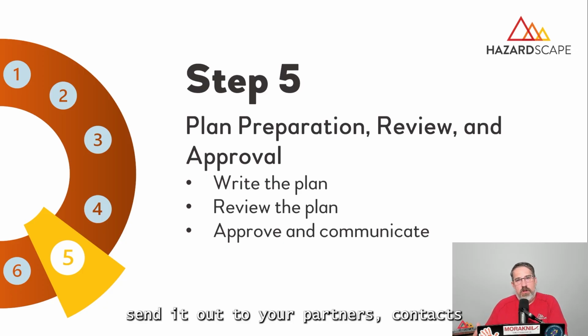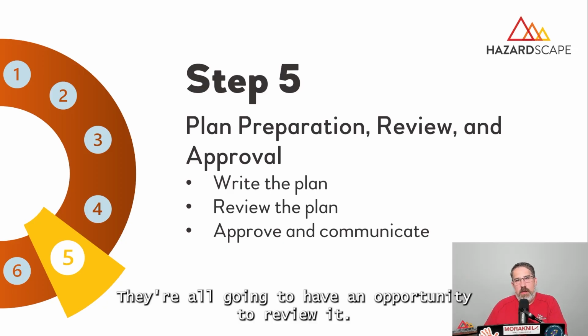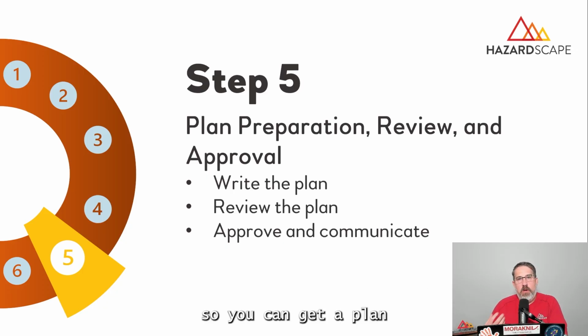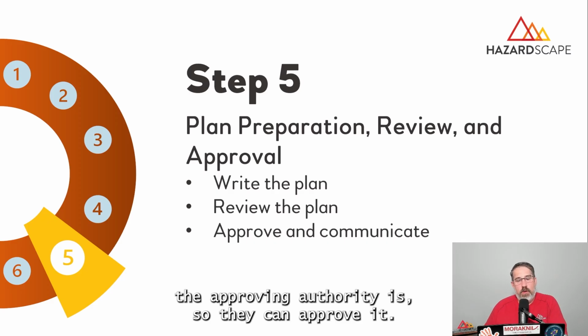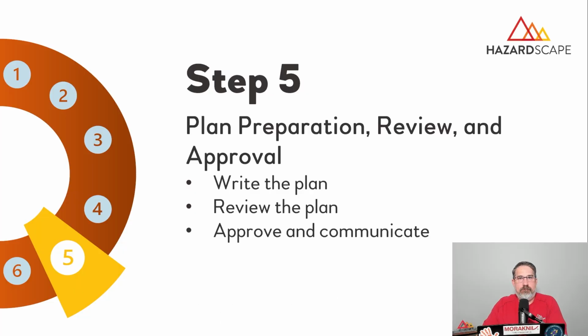Send it out to your partners, contacts within your circle, contacts within your community and your nation. They're all going to have an opportunity to review it, get familiar with the first draft, provide comments, so you can get a plan to chief and council or whoever the approving authority is, so they can approve it and you can start to communicate it to your community.